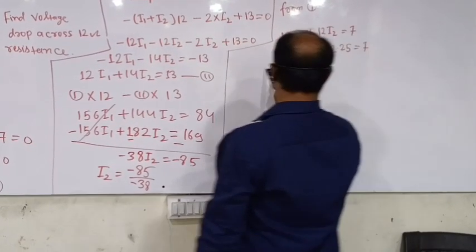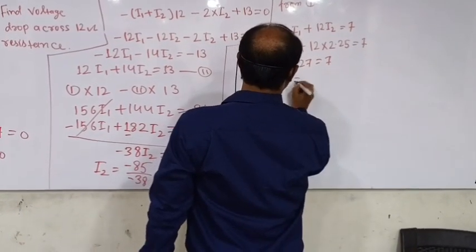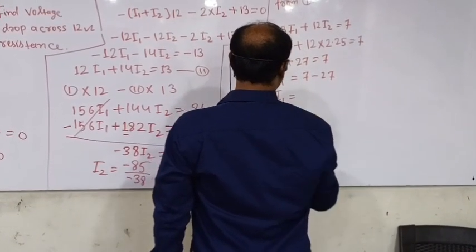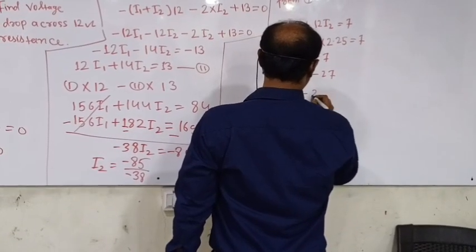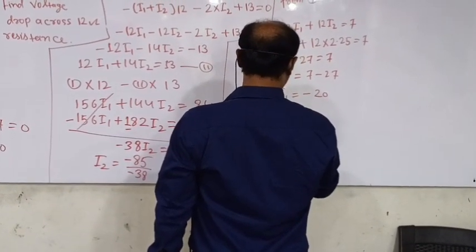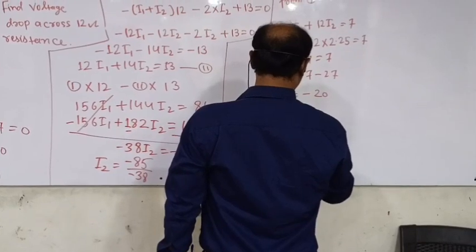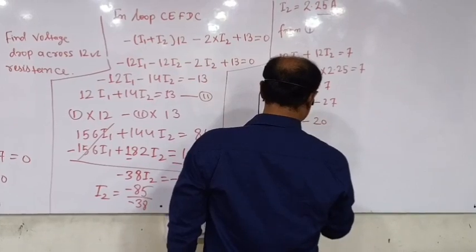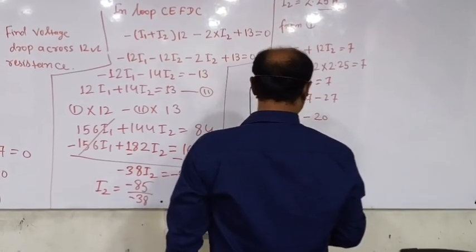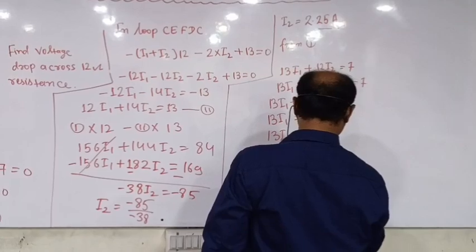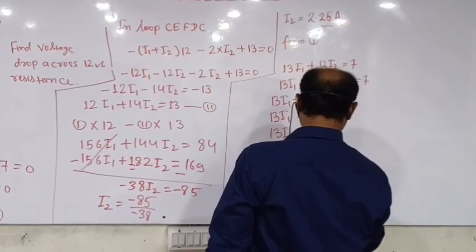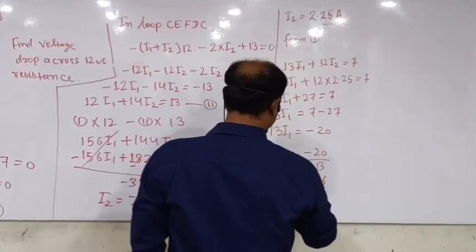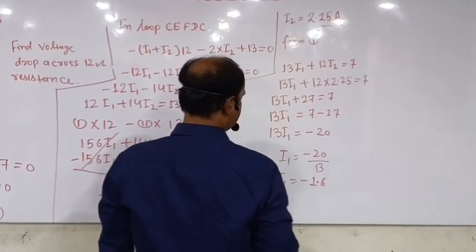Therefore 13 I1 equals 7 minus 27, approximately minus 20. Therefore I1 equals minus 20 upon 13, which is approximately minus 1.6 ampere.